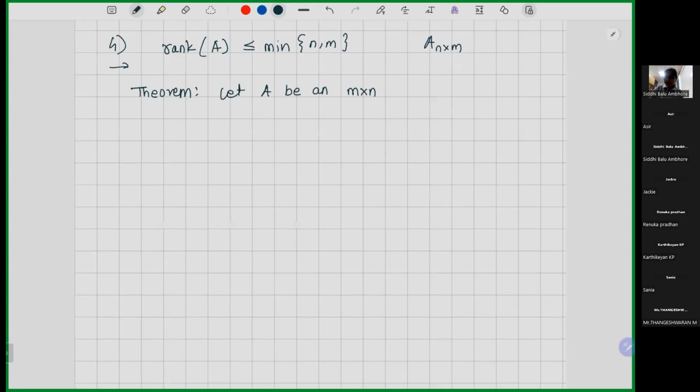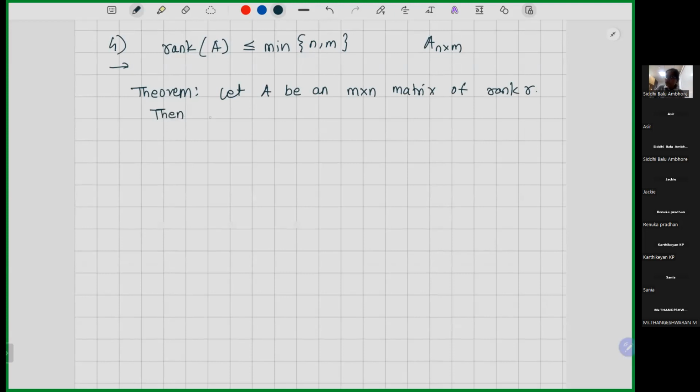They are saying that if A is an M cross N matrix of rank R, all these propositions which I'm writing here are actually proved in the week 6 lectures. Please go through them.